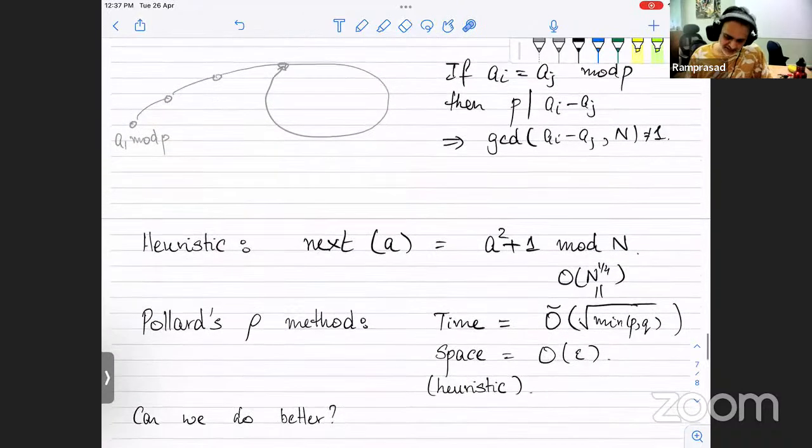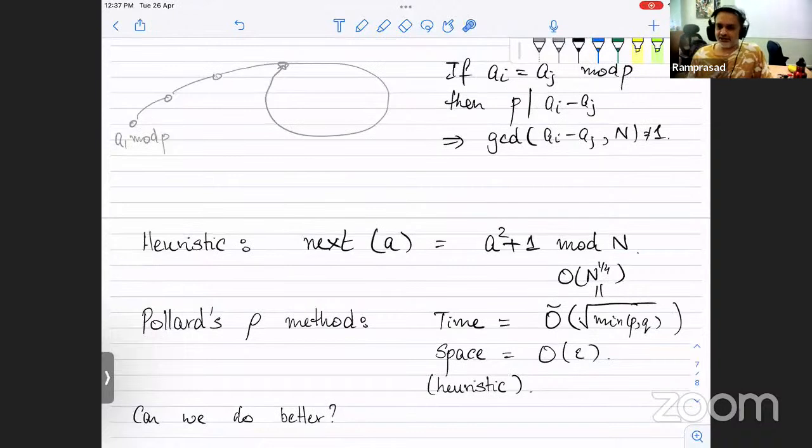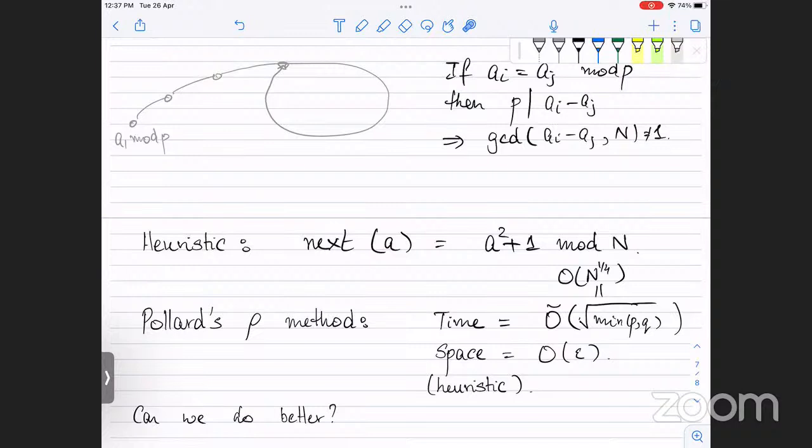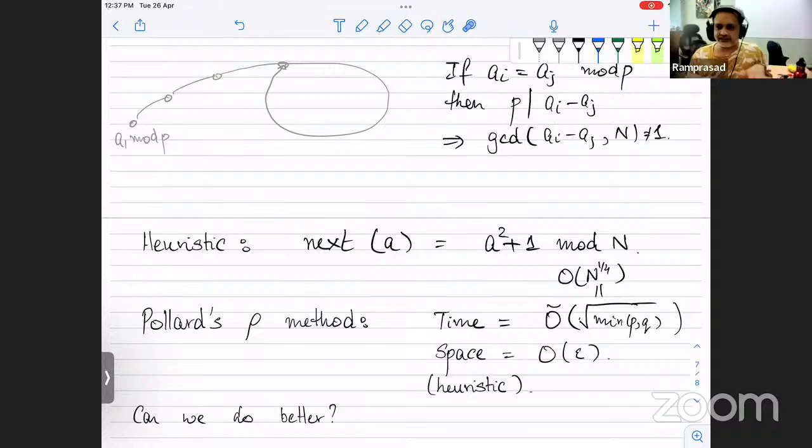Now obviously the next question we are going to ask is, can we do better than this? Is there a better algorithm? And now I'm going to set up the stage for what happens in the next few lectures. In fact, this is how almost all modern factorization algorithms work.